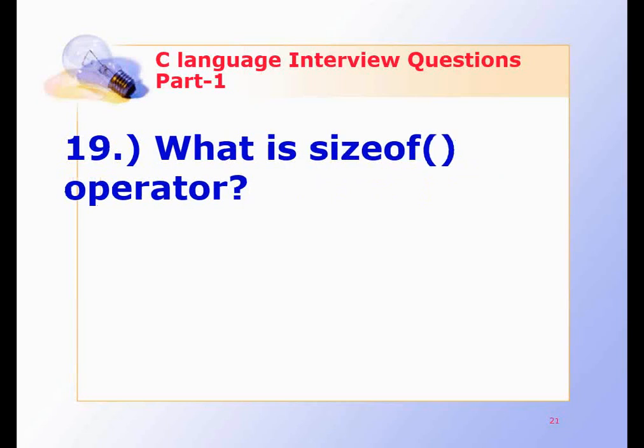What is the sizeof operator? The sizeof operator gives the size of a data type or variable in terms of bytes occupied in the memory. The operand may be a variable, a constant, or a data type qualifier.